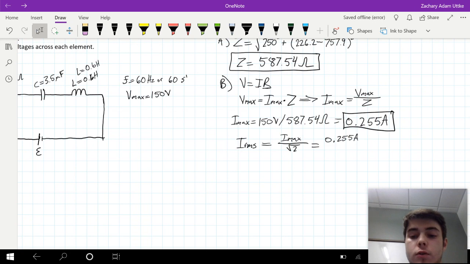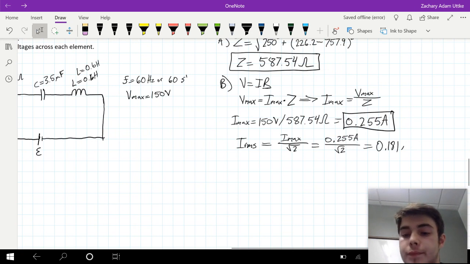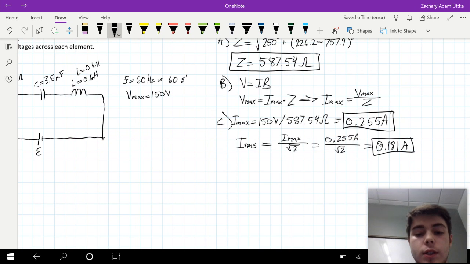So 0.255 amps divided by the square root of 2, we get that IRMS is 0.181 amps. Okay, so that was part C.